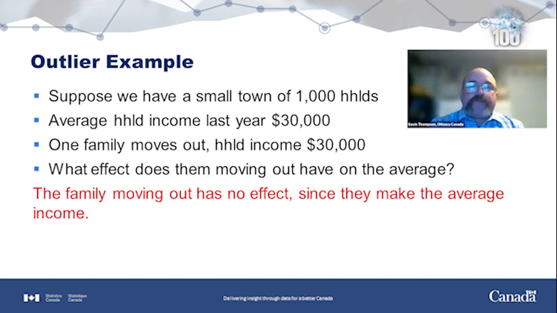So there's no effect from them moving out. Because they made exactly the average, which is obviously sort of convoluted and I've made it up, it has no effect on this.